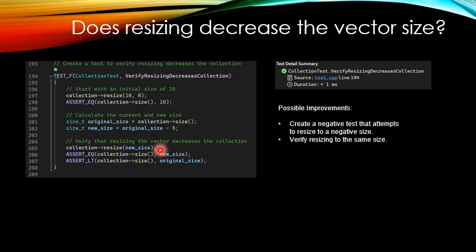It resizes the collection, and then it verifies that the collection is now at the new size and that it's less than the original size. And the test passes. To improve the test, we could try to resize to a negative value, or we could try resizing to the same size, which in theory would result in no change.